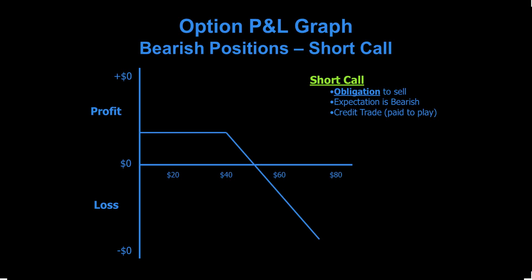Now, how about with a short call? With a short call, what is delta? What do you think delta is going to be? It's negative. Why? Because you want it to go down. You got a negative delta. How about gamma? What do you want gamma to be with a short call? Negative, right? Remember, anytime you're short anything, you got negative gamma.